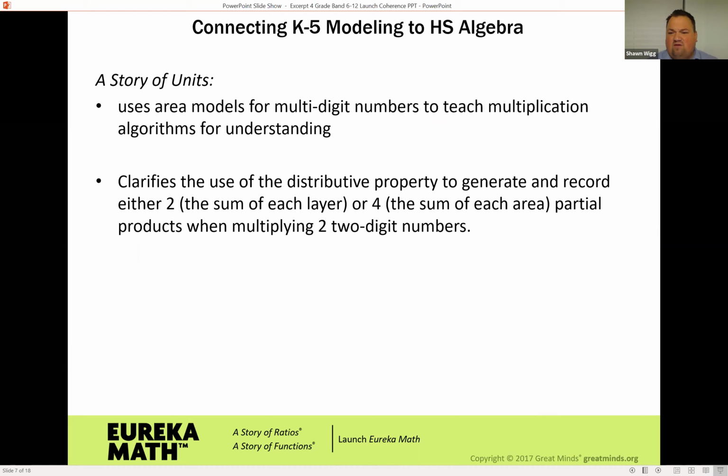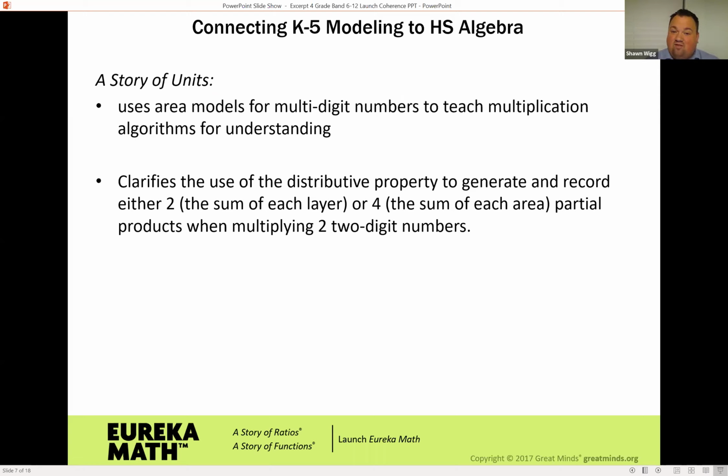In that story of units, which is our K-5, students use that area model that I just showed to help them multiply multi-digit numbers. And what it does is it helps students actually understand multiplication algorithms. It gives them more than just factual memorization. It gives them multiplication understanding.